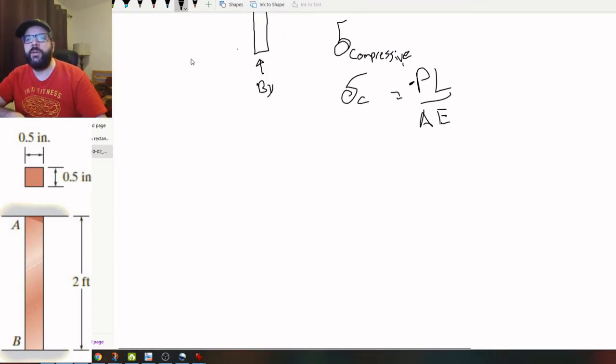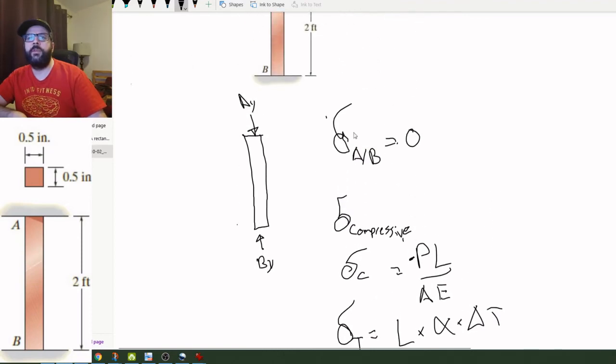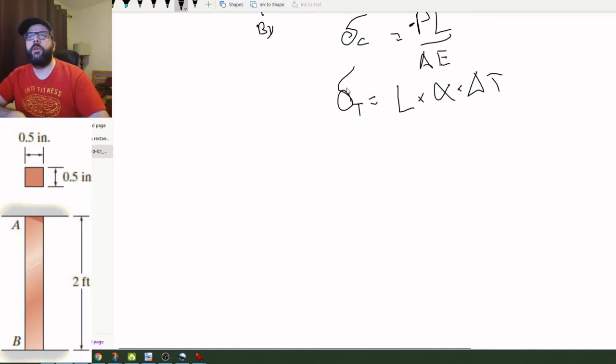And then we've got our thermal as well. So that is just going to be equal to the original length times the thermal strain. So thermal strain is going to be alpha times delta T. It's our thermal expansion, and those two things just need to add up to 0. So we can just equate that. That plus that is equal to 0.